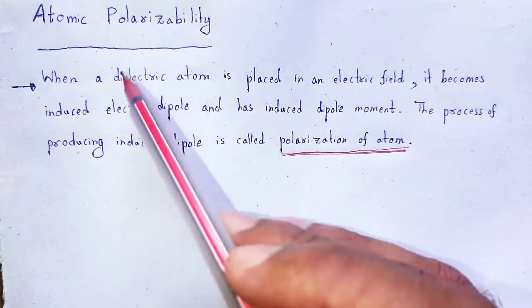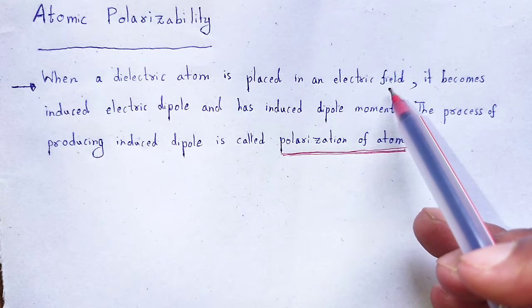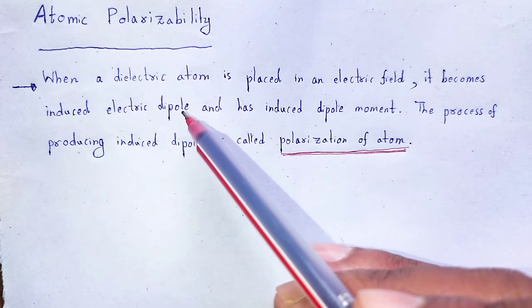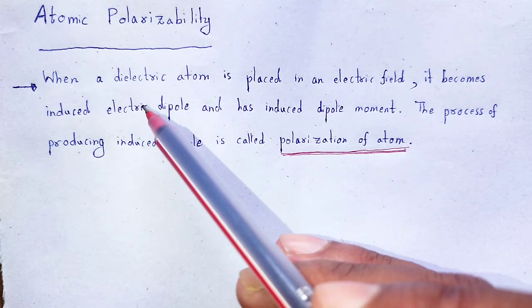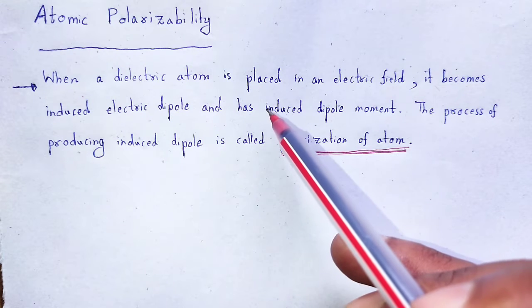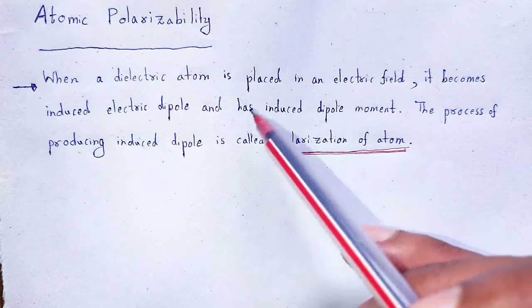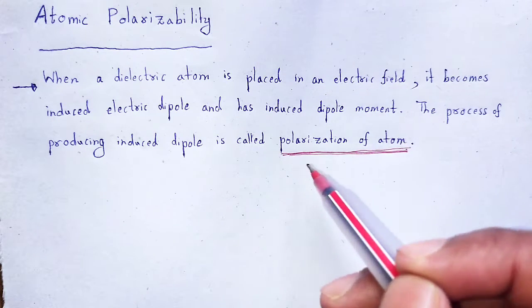When a dielectric atom is placed in an electric field, an electric dipole is induced. Due to that induced electric dipole, it has an induced dipole moment, and the process of producing that kind of induced dipole is called polarization of the atom.